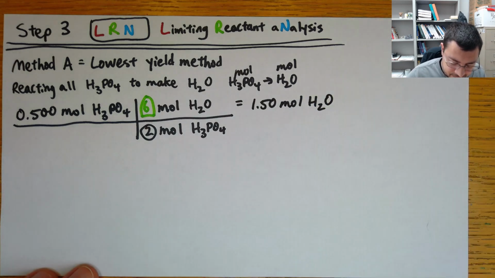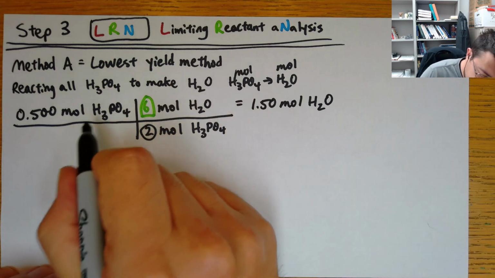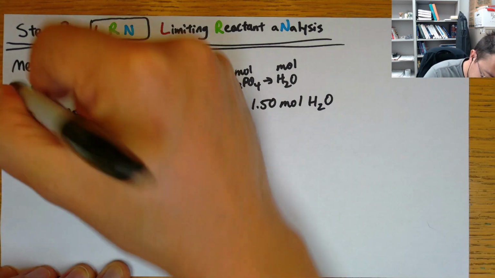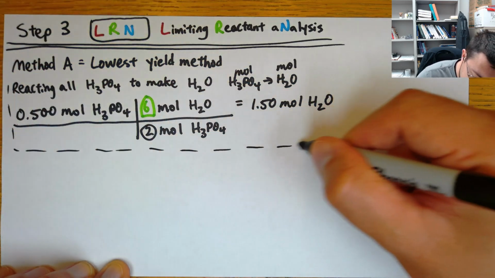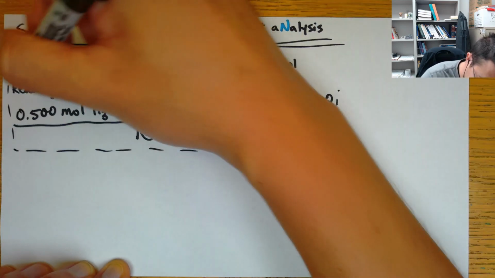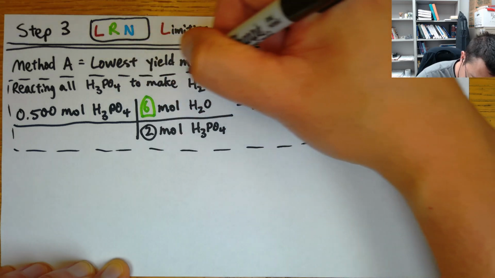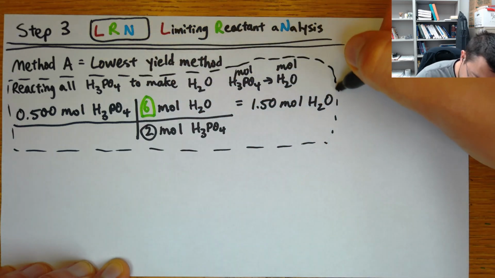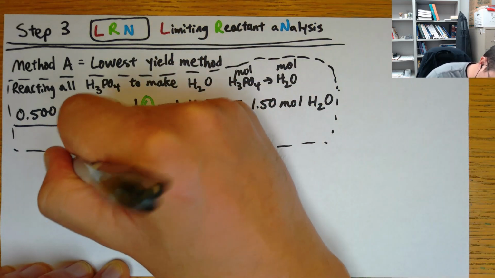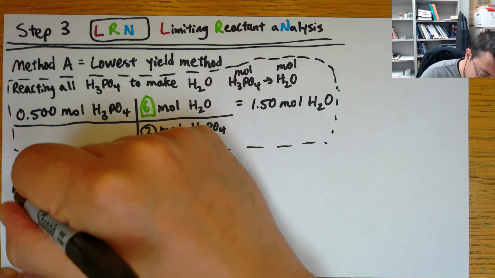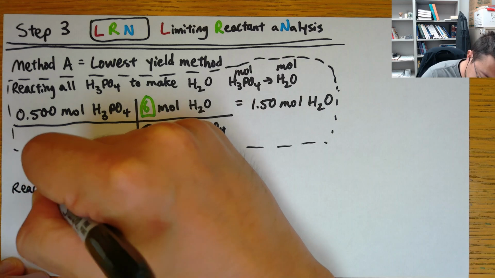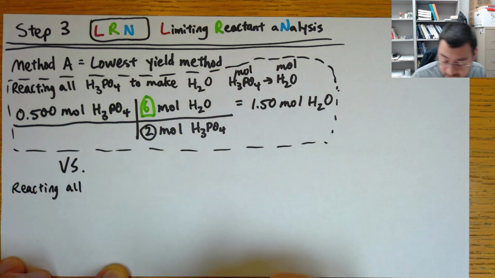All right. And this is kind of a battle. We're going to take this calculation right here, and I'm going to put a dotted line around it. And it's going to battle versus doing the other one, reacting all, what was the other?